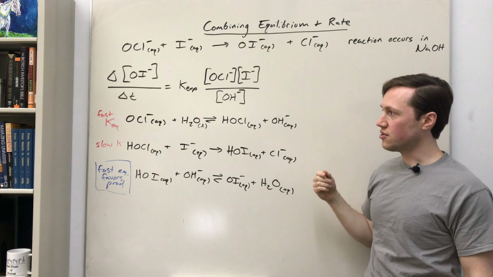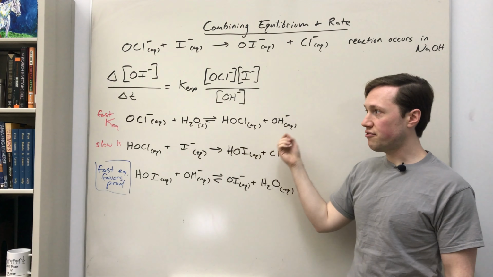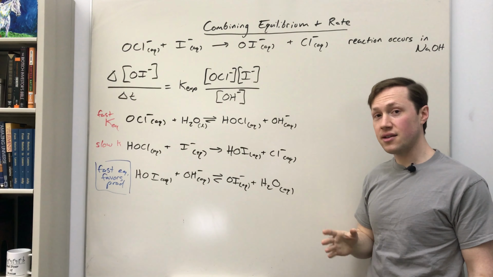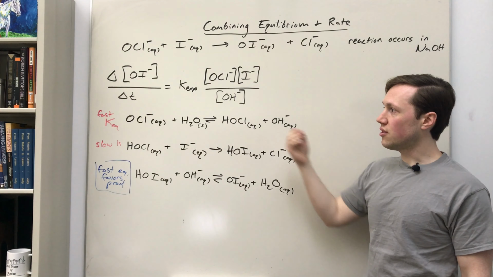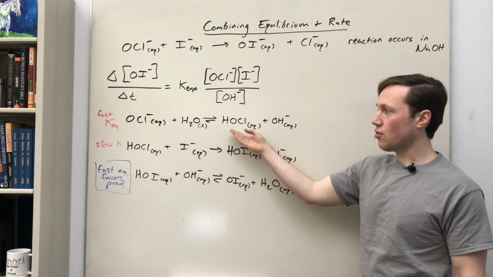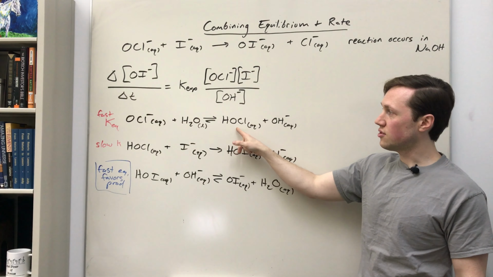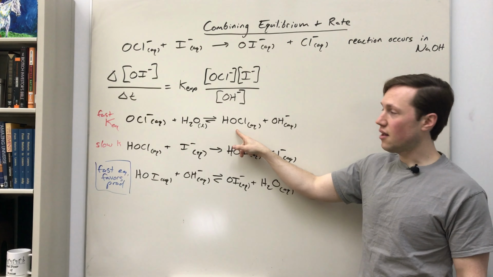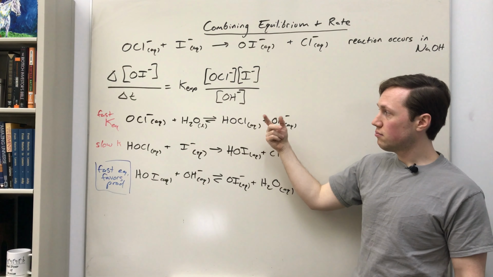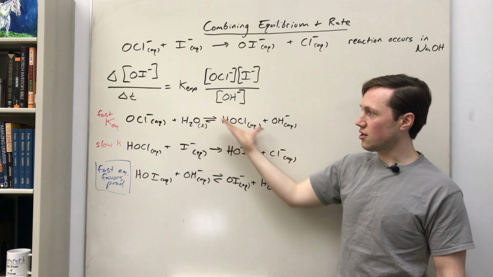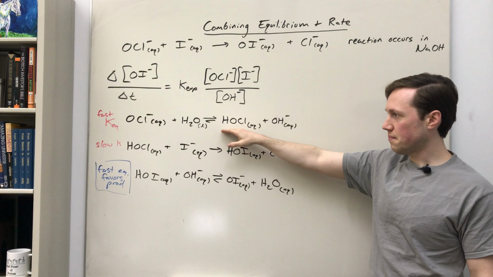The proposed mechanism involves three steps. The first step is a fast equilibrium, but not necessarily one that favors the products, in which the OCl- is protonated. You might recall that this is hypochlorite and this is a weak acid. So this particular reaction right here is in a fast equilibrium.